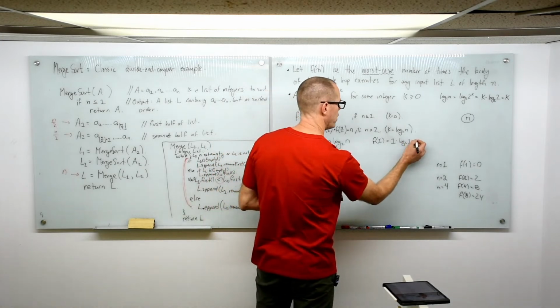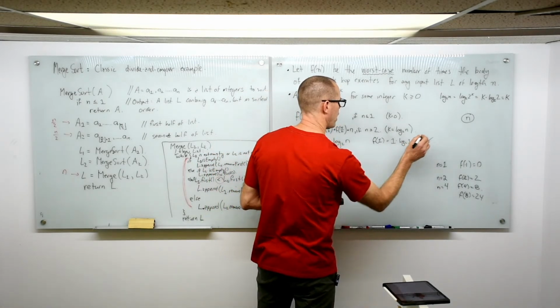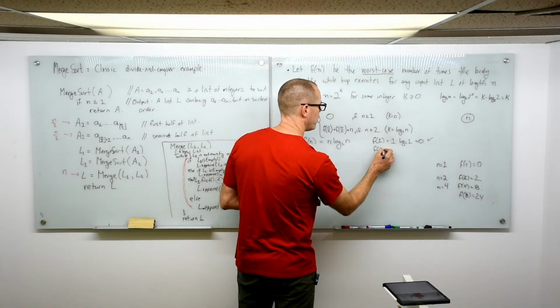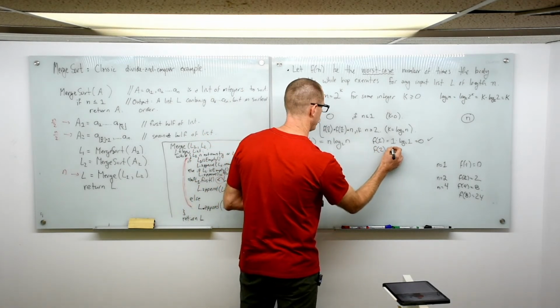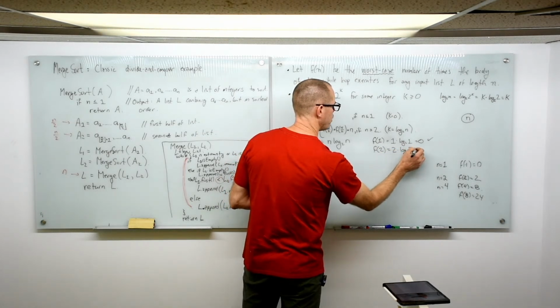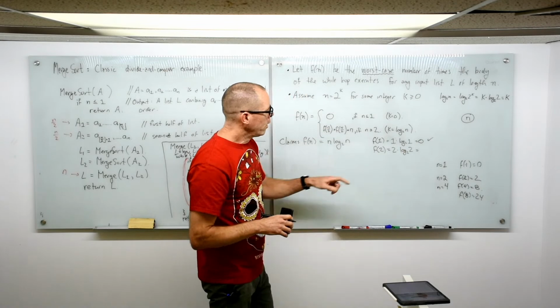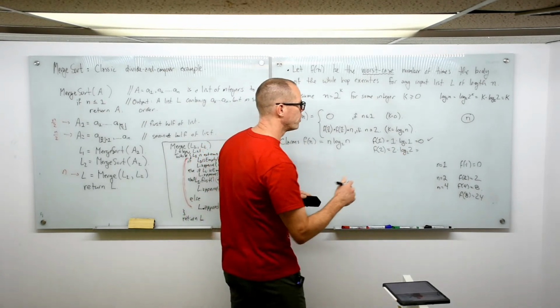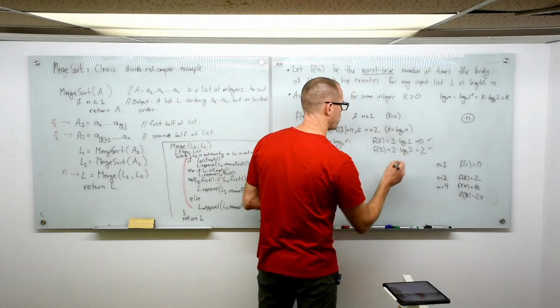So indeed, this is 0. That checks out. If this is true, f of 2 should be equal to 2 times log base 2 of 2. Log base 2 of 2 is 1, so this is just equal to 2. That checks out.